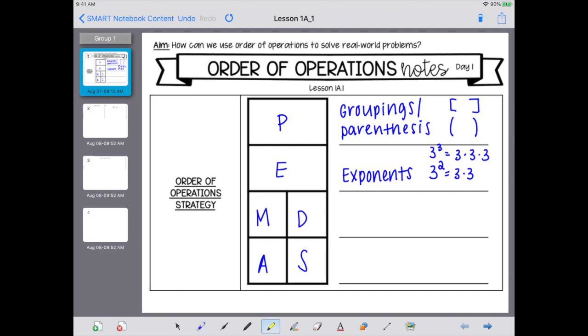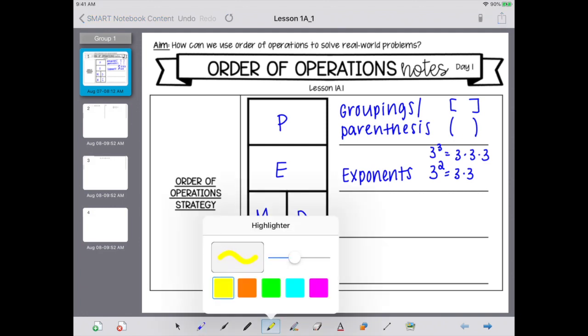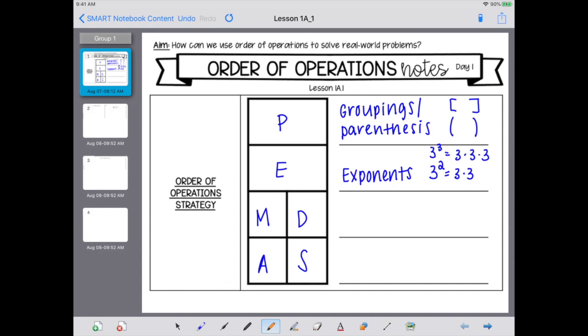Now, with multiplication and division, you have whatever order comes going from left to right in the expression. So if you have division first, you're going to divide, and if you have multiplication, you're going to multiply. But you have to do it in the order of left to right. So that's always important to remember.